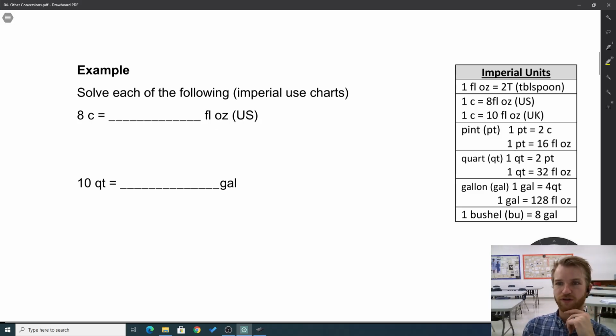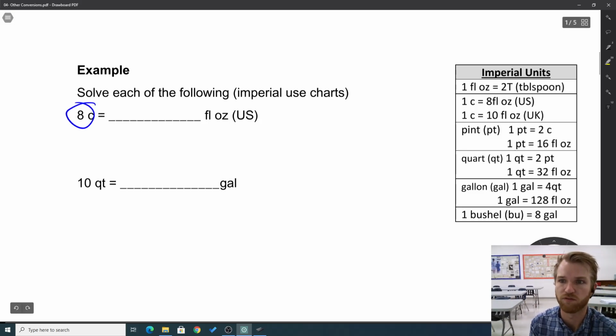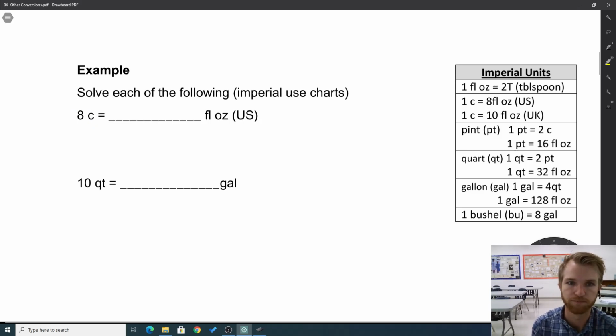These are all on your formula sheet, and most of them are written there, but every once in a while you'll see one that you're not sure of and you need to check. If we have 8 cups, C stands for cups, how many fluid ounces would that be? It specifies US ounces because there are different kinds of ounces in the US than in the UK. So 8 cups is how many fluid ounces in the US.